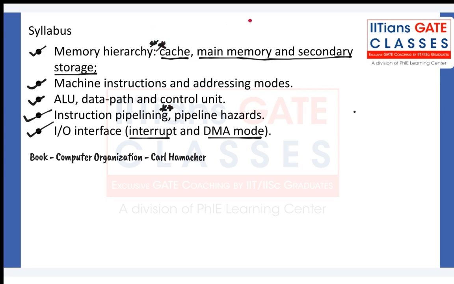Let's say you don't have time to study or revise this subject. My suggestion will always be, do not go to the exam without knowing these two concepts. If you don't know these two topics, it's not possible to get a good rank, because a lot of questions are asked from memory hierarchy and pipelining, in the context of COA as well as OS.